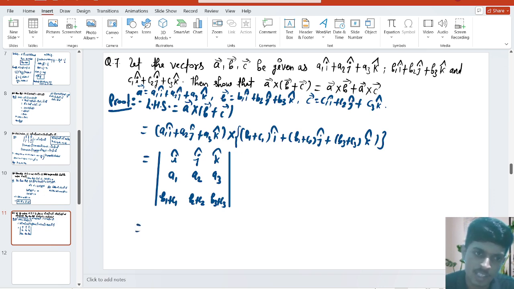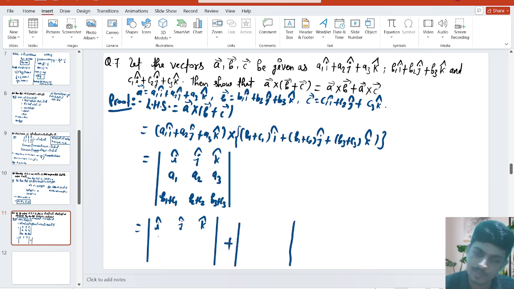This is the property of the determinant. We write it here, in the third row taking C1, C2, C3, and the other rows are A1, A2, A3, B1, B2, B3.